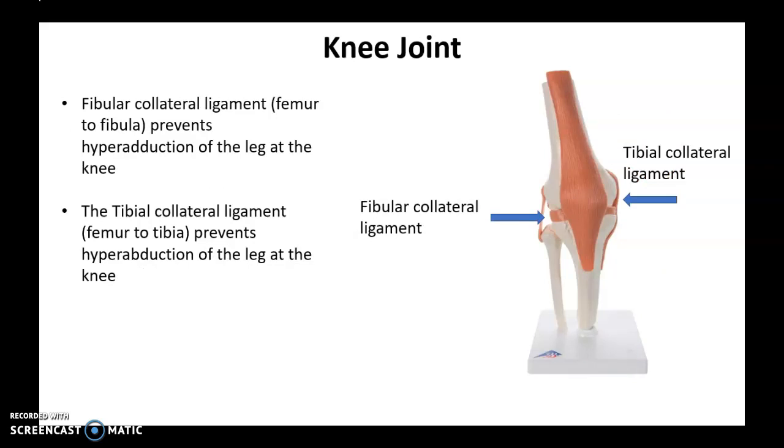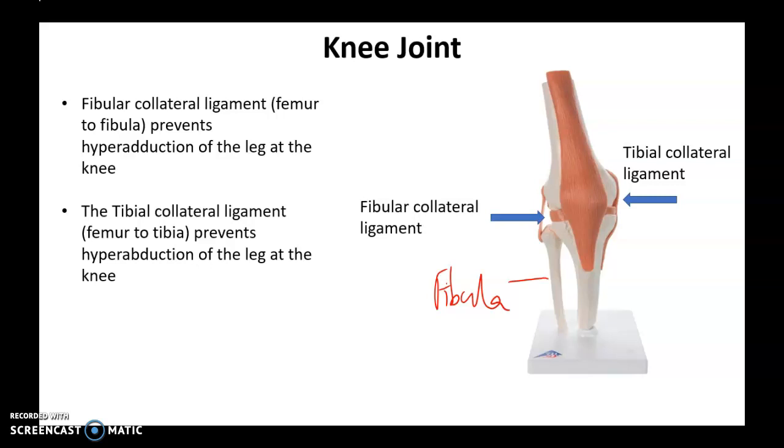So if we are looking at a knee joint, on either side of the joint are two collateral ligaments that become taut on extension and provide additional stability to the joint. On the fibular side, so this bone is fibula, we have the fibular collateral ligament, which reinforces the lateral surface of the joint.